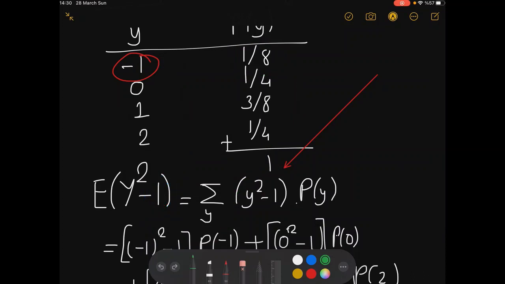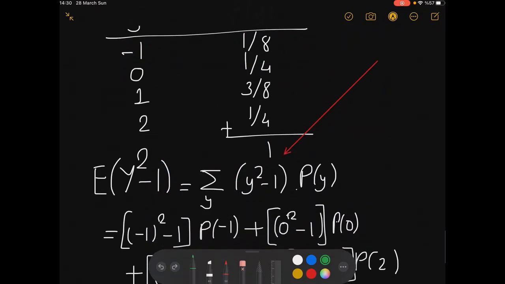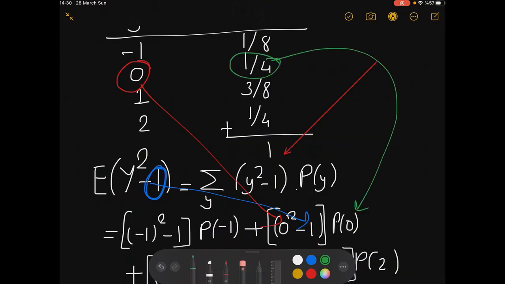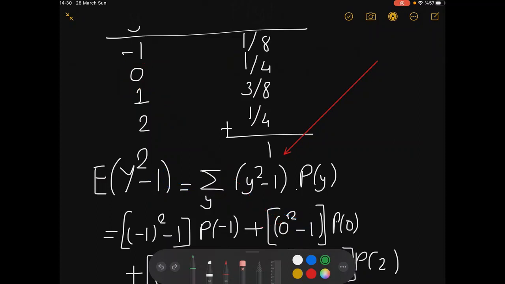And how about this? 0 is coming from here. Why is it square? Because it's square like this here. And how about the minus 1 here? Again, it's coming from the function here. And where is this coming from? This is coming from right here, the probability. That's the idea.